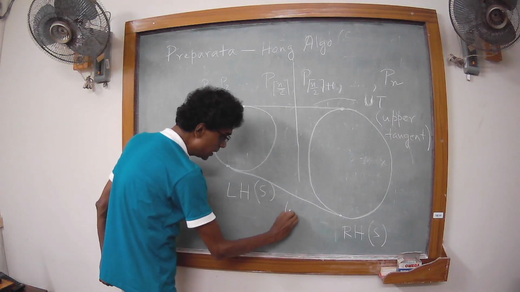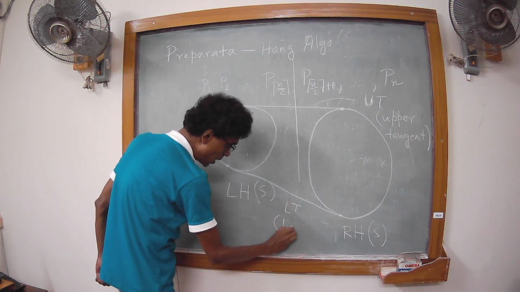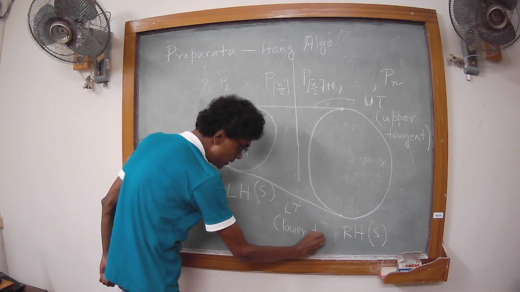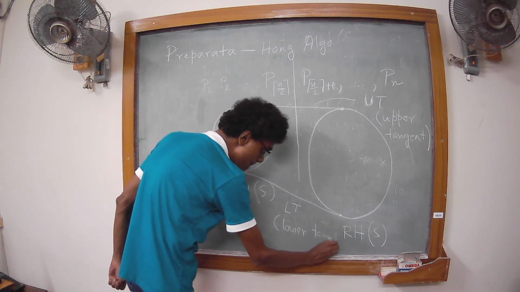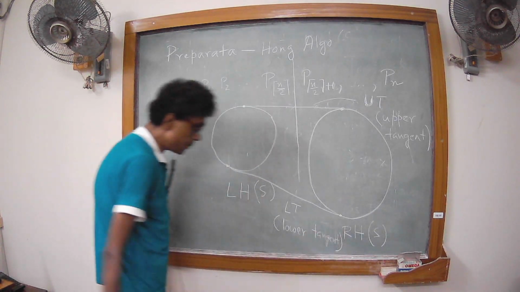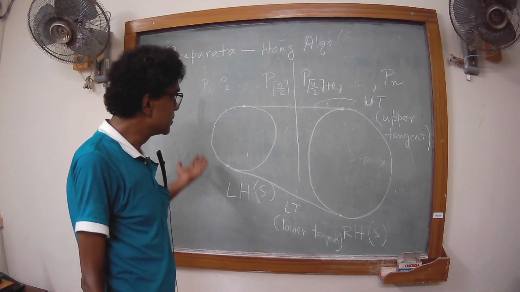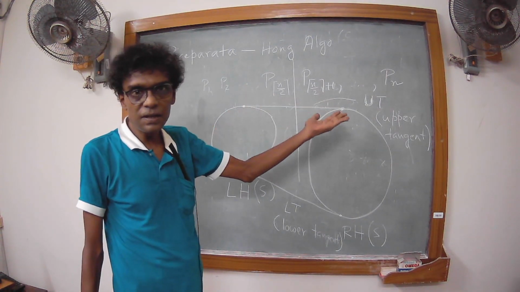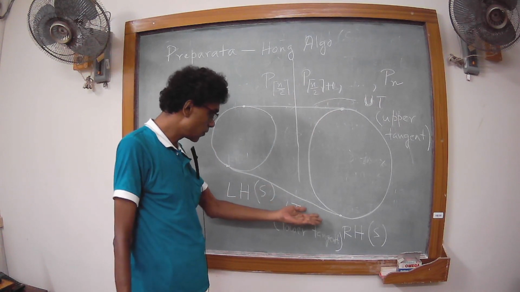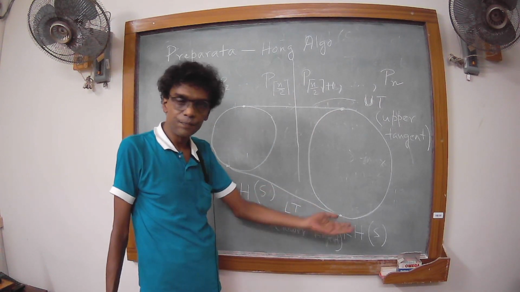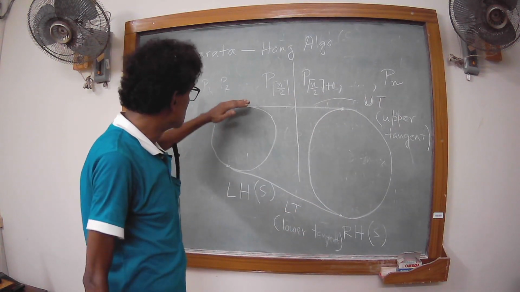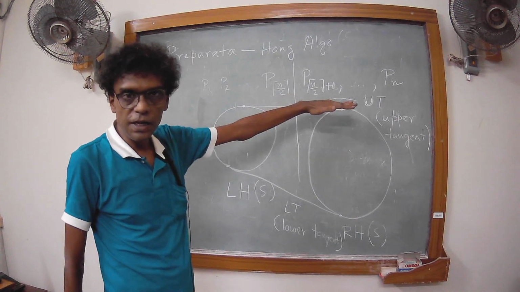And this is called the lower tangent. As you can see, if I can compute the upper tangent, I can follow a very analogous procedure for computing the lower tangent. So I will restrict to the upper tangent only.